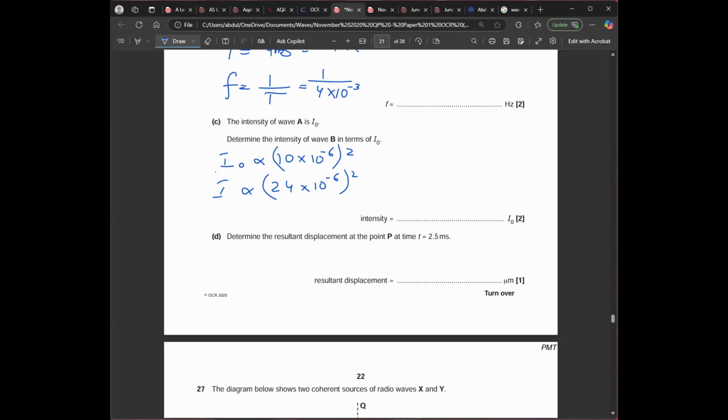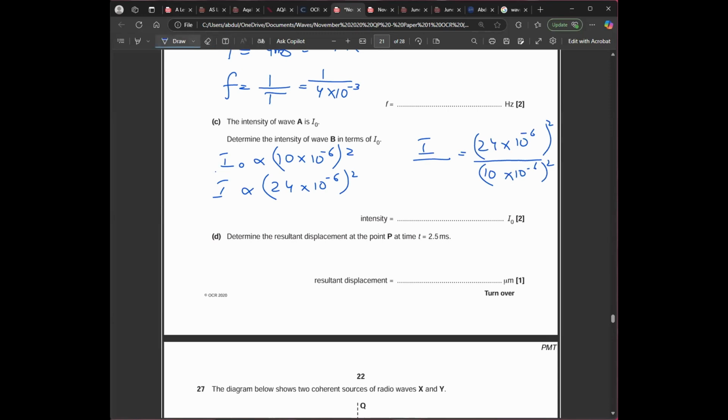So what we can do is calculate the ratio. So I over I naught should be equal to 24 times 10 to the power minus 6 squared over 10 times 10 to the power minus 6 squared. What you need to do is take I naught on the other side.